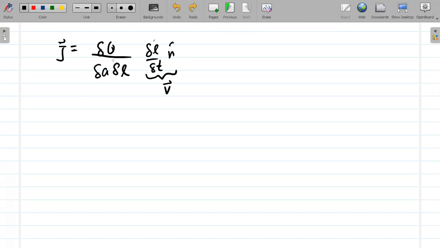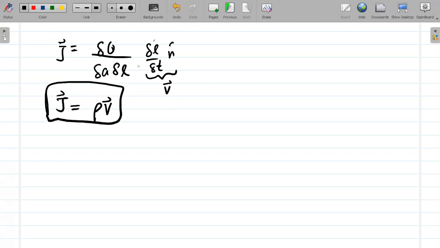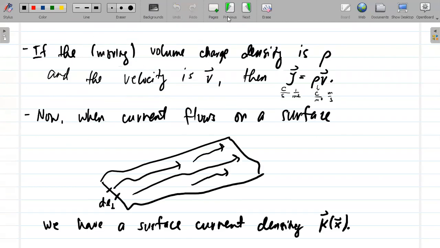Tapos, class, ano ang area times length? Anyone? Volume. So, ang charge over volume ay rho, yung charge density mo. This is rho v. So, pinakita ko lang kung saan nanggaling itong J equals rho v.